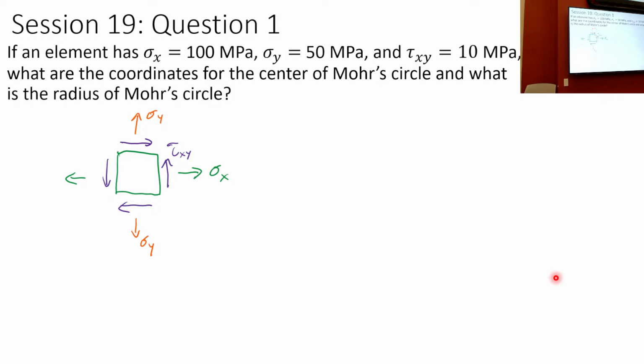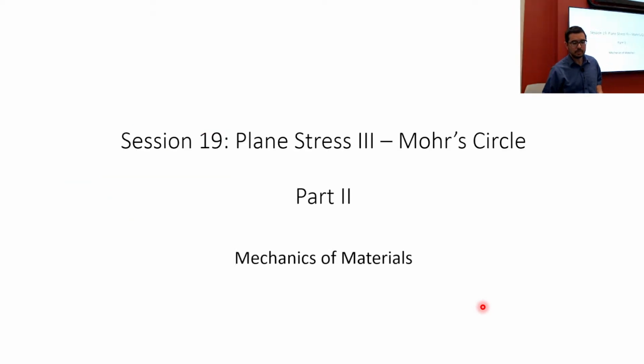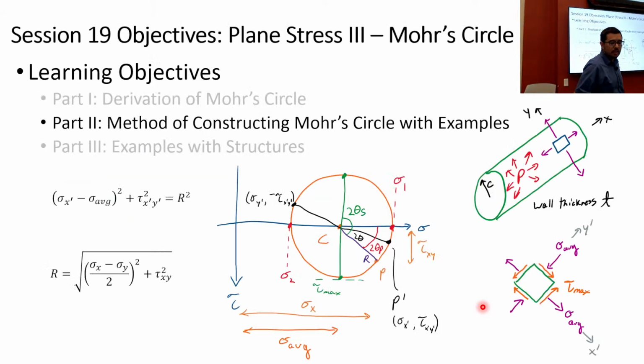The average is 75. So you got your first one knocked out. Any questions on this? No. All right, we're going to move on. And hopefully you just got a point. Okay, part 2, we're going to now talk about how to construct Mohr's circle.